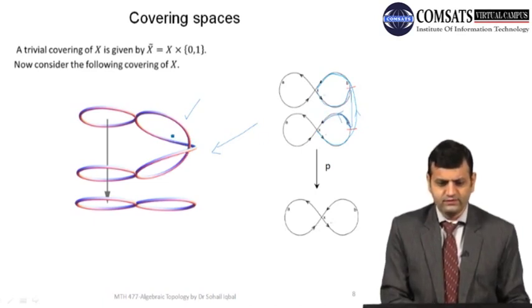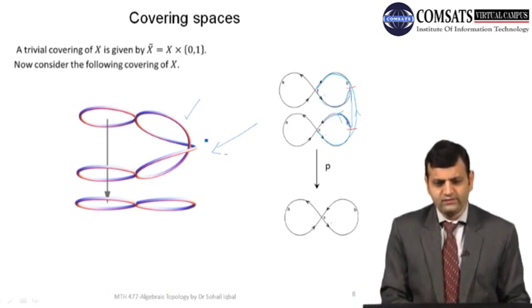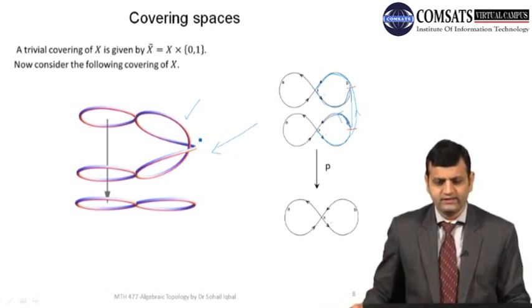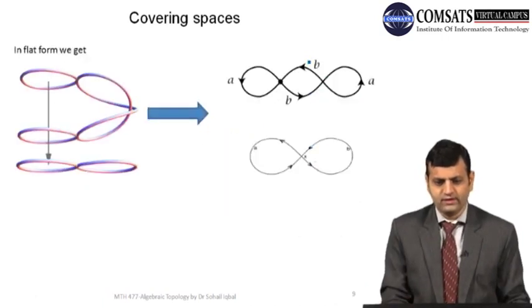We can see that this space seems path connected now, and this forms a covering space. Now I can write down this space in a more clever way, and this is the way. I can open up this space, and it will become something like this in flat form.